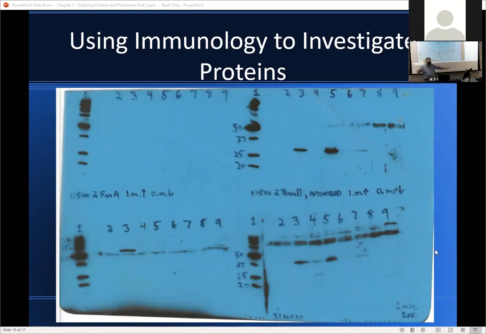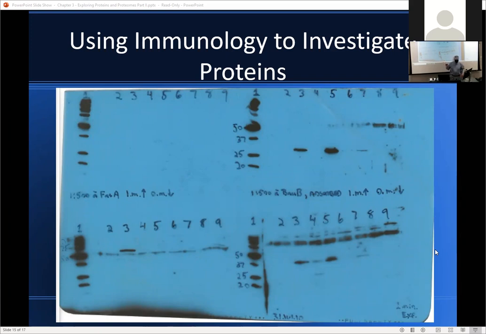In this example, in this lab, we used an antibody that rather than giving a colorimetric reaction, caused a chemiluminescent reaction.